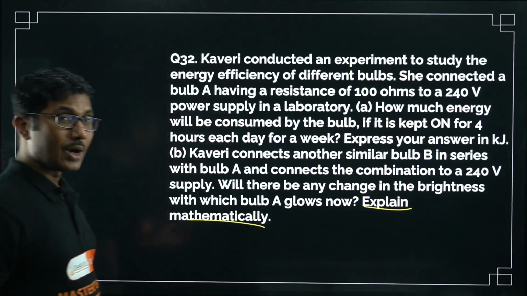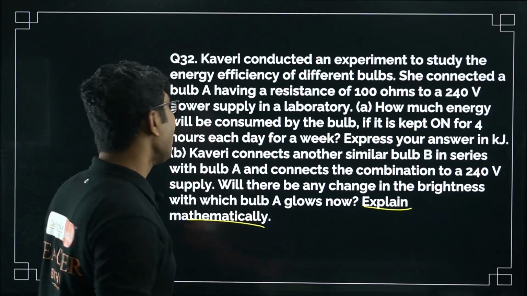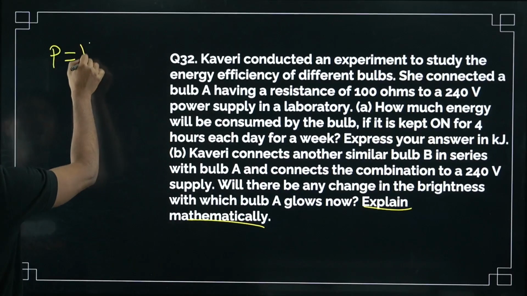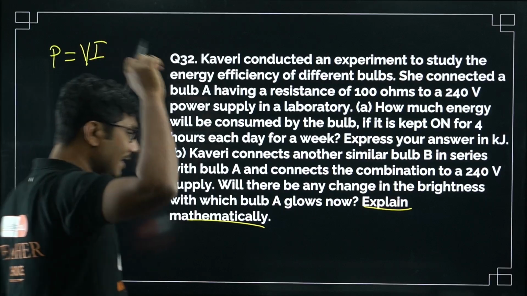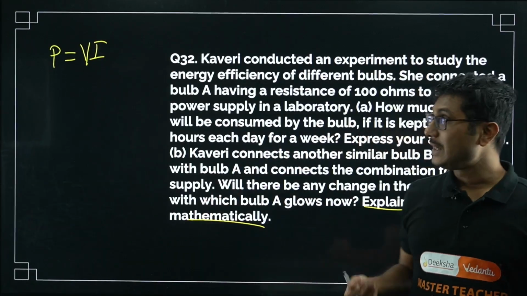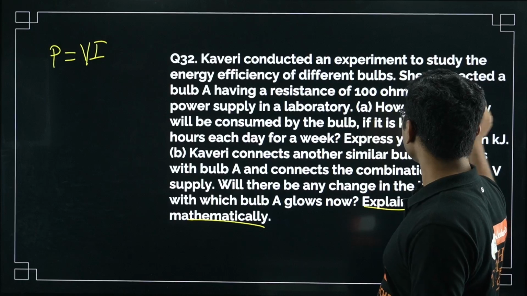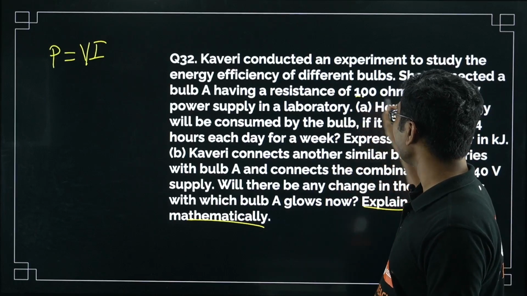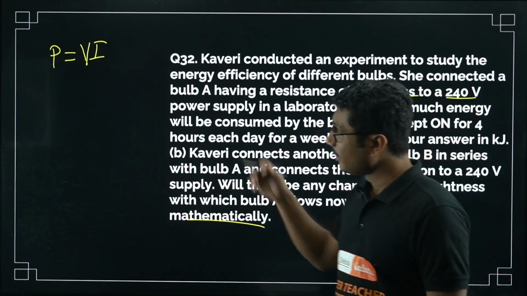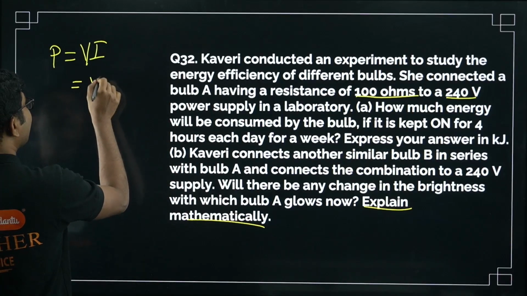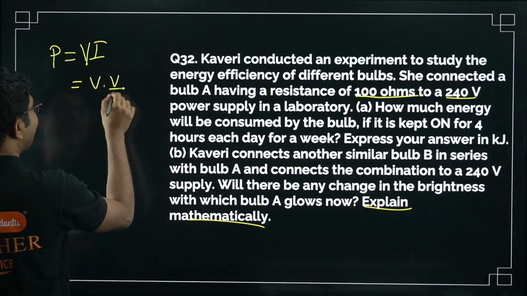So for part 1 we have to calculate the power. What is the formula for power? Normal formula for power I told you. P is equal to VI. So V is given, 240 volt, resistance is given, 100 ohm. And I is equal to V by R, right?